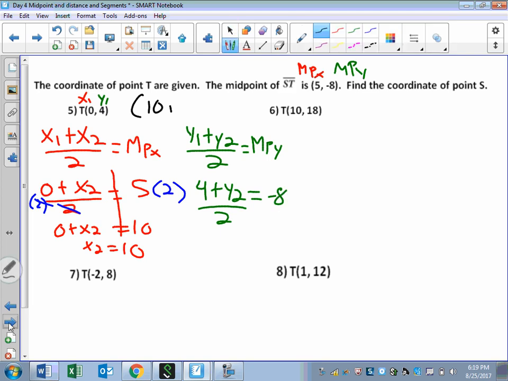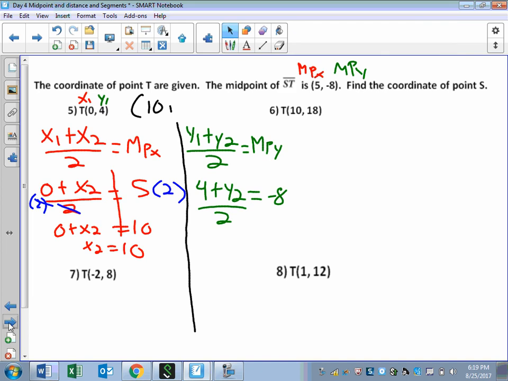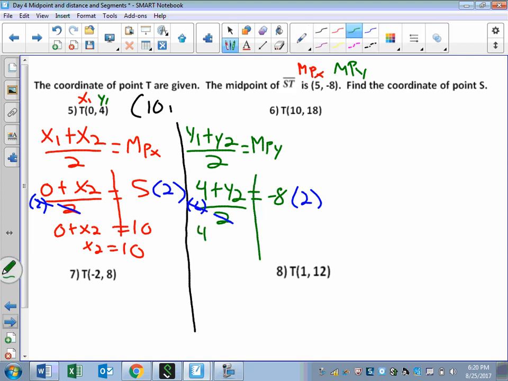I'll draw a line down here so I can separate those. So we multiply by 2 to cancel out the 2 on the left. And now we have 4 plus y2 equals -16. Subtract 4 from both sides. y2 equals -20. So the second part of our coordinate is -20.